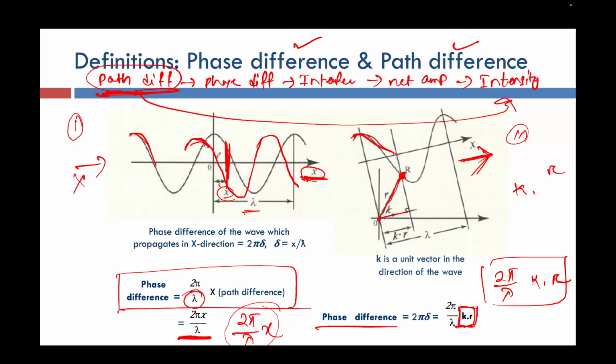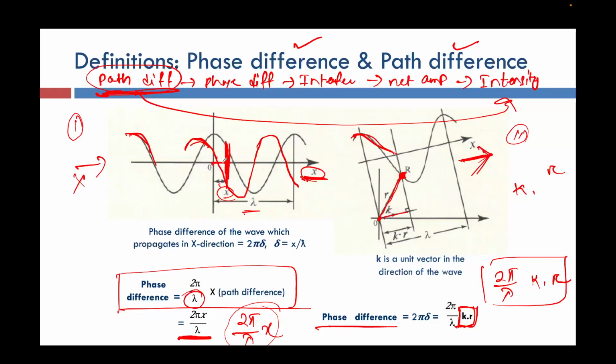But if the curve is not perfectly sinusoidal, then we cannot say that. In this curve, you can say what the difference in path is between these two points. We can talk in terms of that. Did it clear?